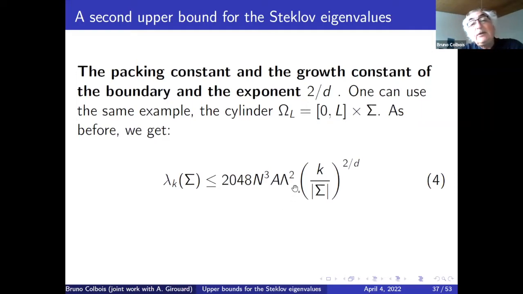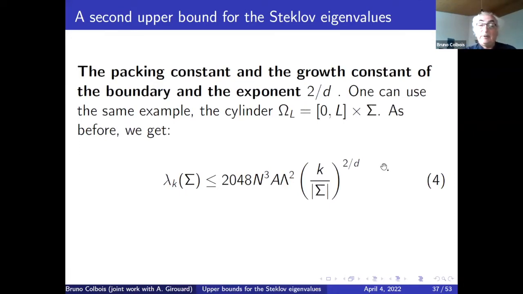And when you have this inequality, it shows that the exponent cannot be better than 2 over d, because for a manifold Sigma of dimension d, you have a Weyl law, with k over the volume of Sigma to the power 2 over d. So you cannot, in fact, do better.